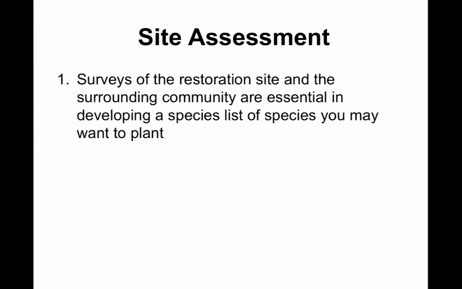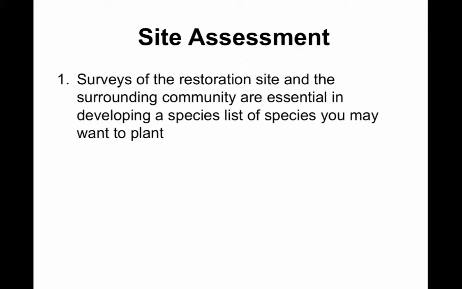And so you really should go out and conduct a survey of the site and the surrounding community, as part of that step of the restoration process that we talked about earlier in the semester, as we work through developing our plan, doing our site inventory, and identifying our reference systems and our targets for restoration.